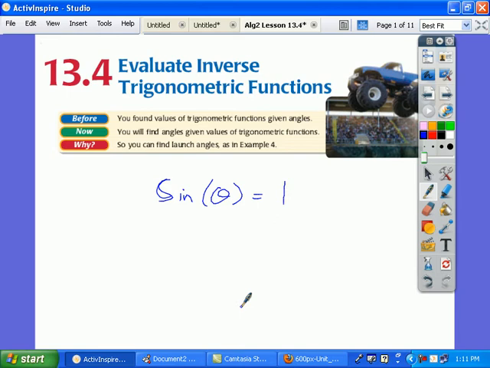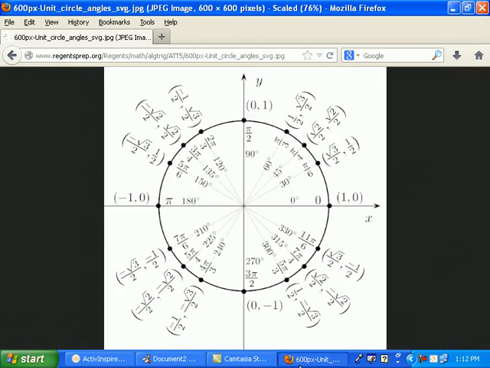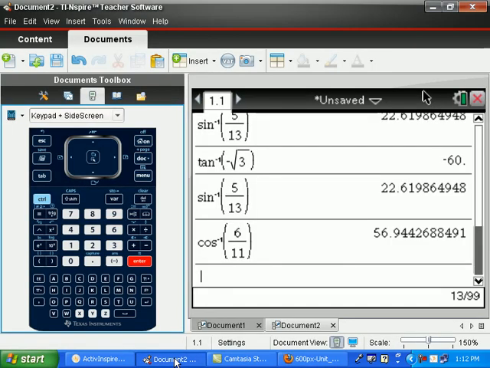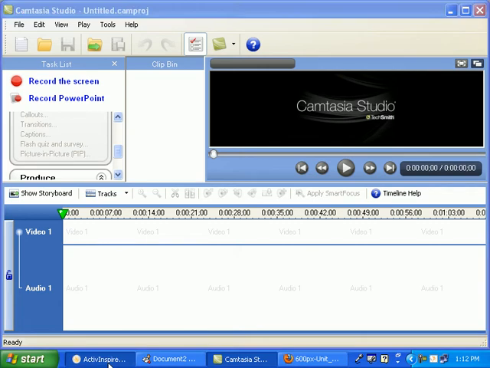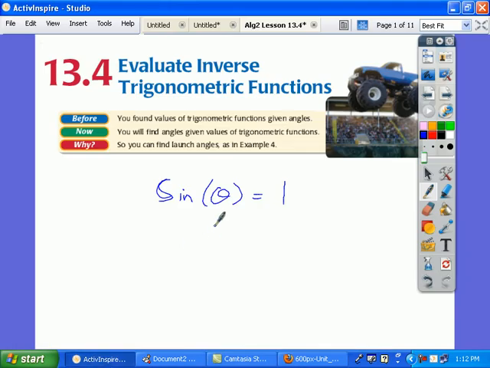The way I can do it is I can look around the entire unit circle and find the angle measure that gives me a sine value, or a y value, of 1. As I look around this unit circle, I see the y value is 1 here. And so theta in this case must be 90 degrees. So theta equals sine inverse of 1, which is 90 degrees or pi over 2 radians.